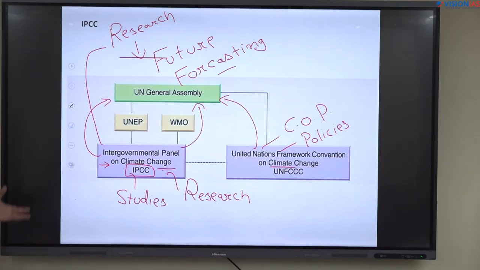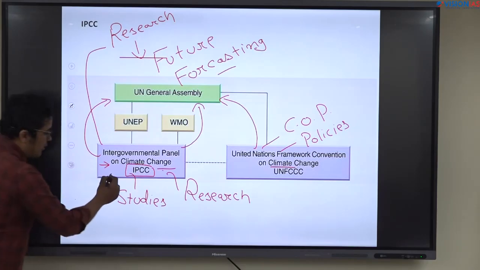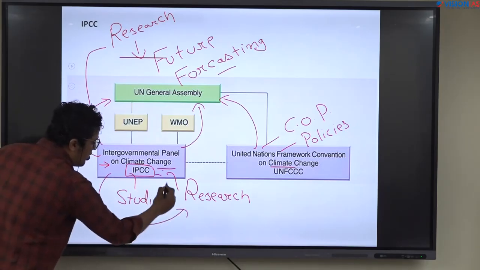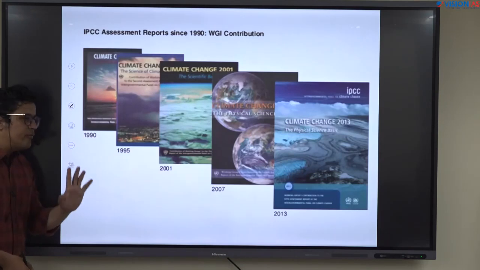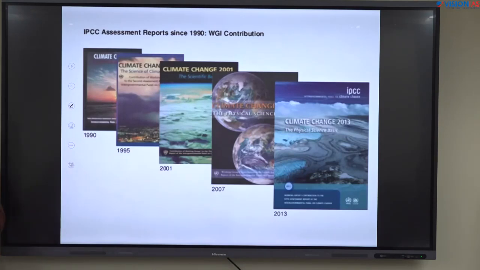So how can they predict the future so accurately? What is the reason behind their accuracy? See, when IPCC conducts research and publishes its report, first of all, their report takes minimum 5 years to be completed. This is the minimum timeline.